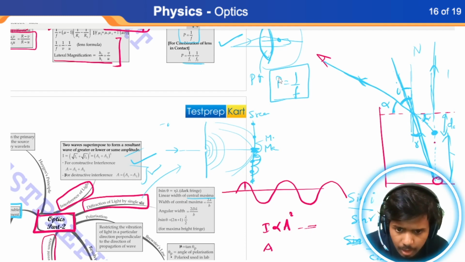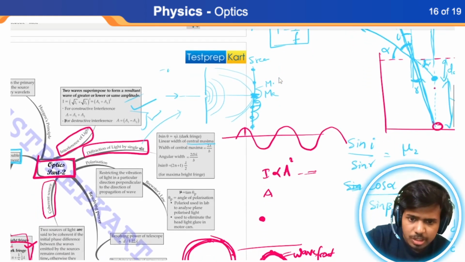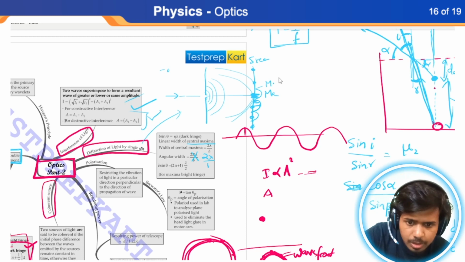Angular width: actually, they have given the opposite formula. It is not this, it is rather 2 lambda by b.